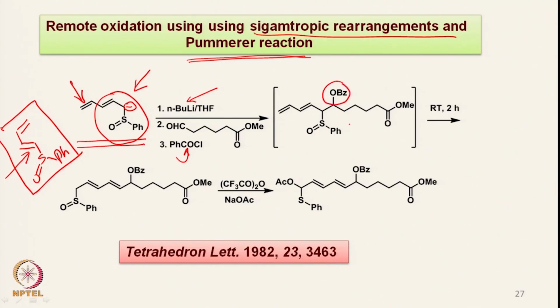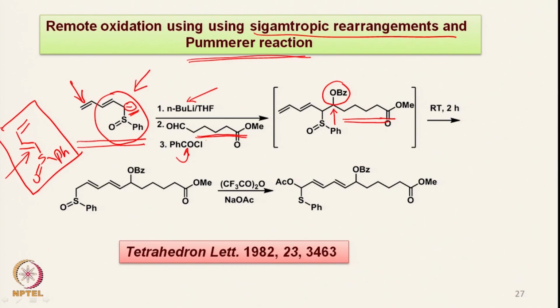So this particular part at this stage is the same part as it is here. The aldehyde carbon is attacked by the negative charge of the anion which is alpha to the sulfoxide, then the aldehyde gives O minus and that O minus attaches to the benzoyl chloride to form this benzoate.